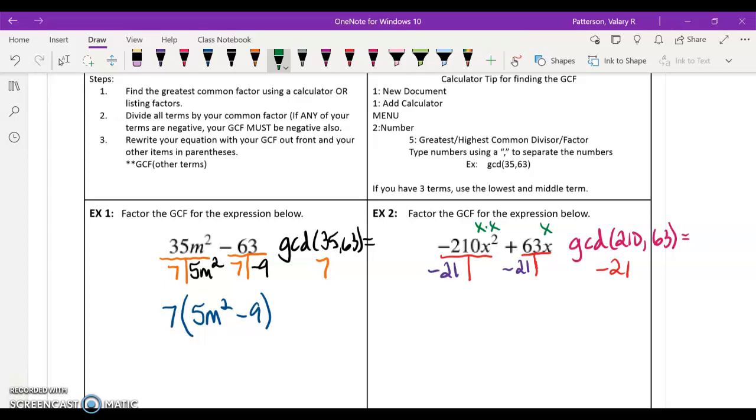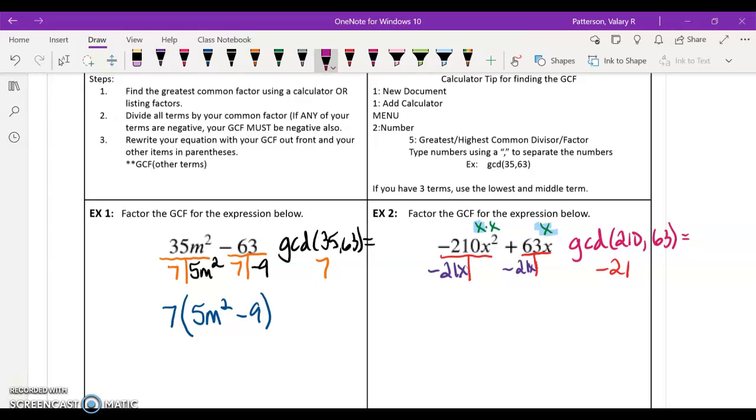So what other factor do they have in common? They each have at least one x in common. So we can actually take that x out too. Does everybody see that? If they have at least one x, we can factor out that x too.